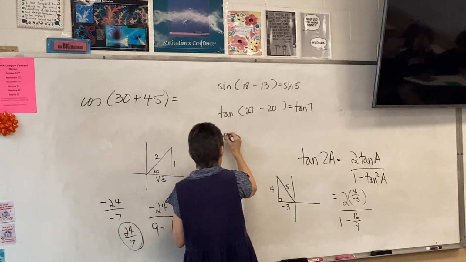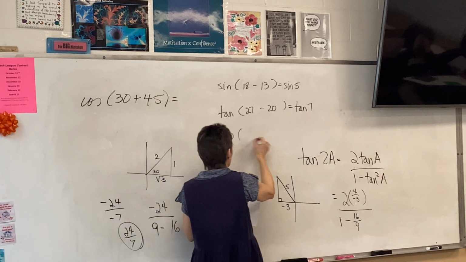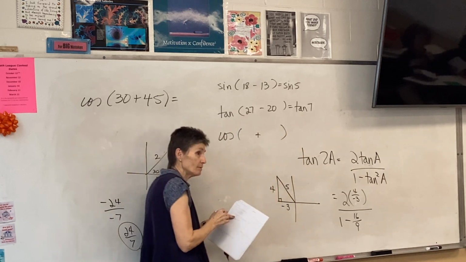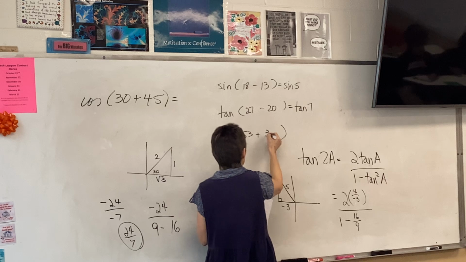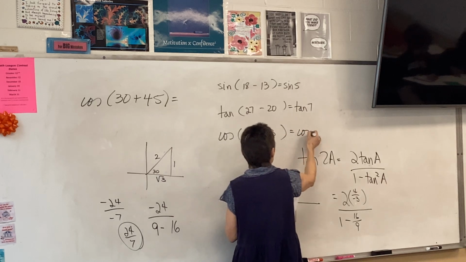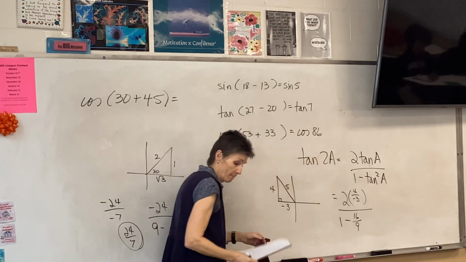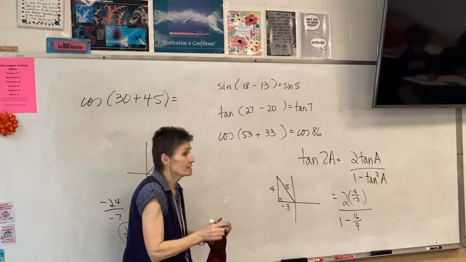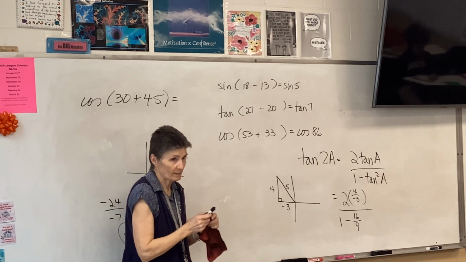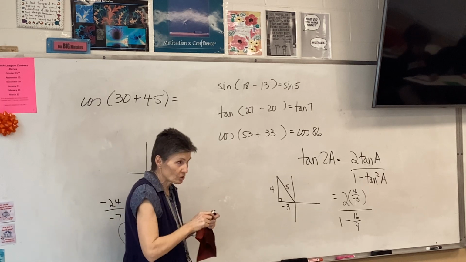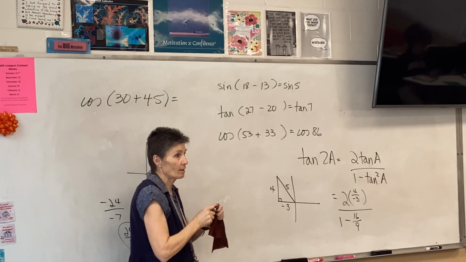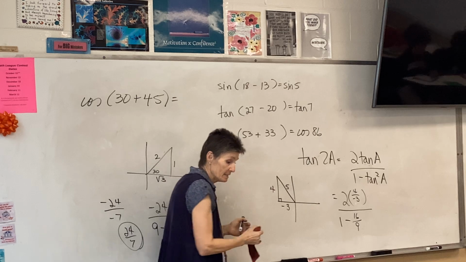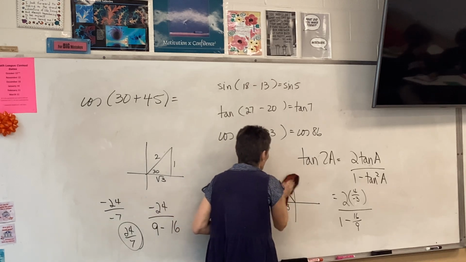It's a cosine of 2 angles added together. So 53 and 33, that's cosine 86. Now, there is nothing to understand there, guys. You're looking at the sheet, finding the pattern, and plugging the numbers in. All right? Super simple.